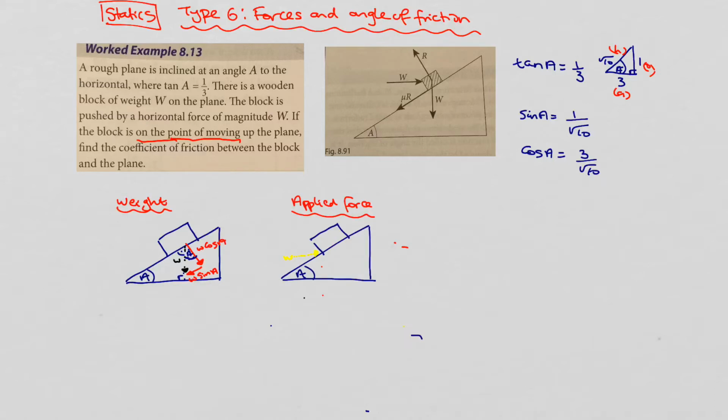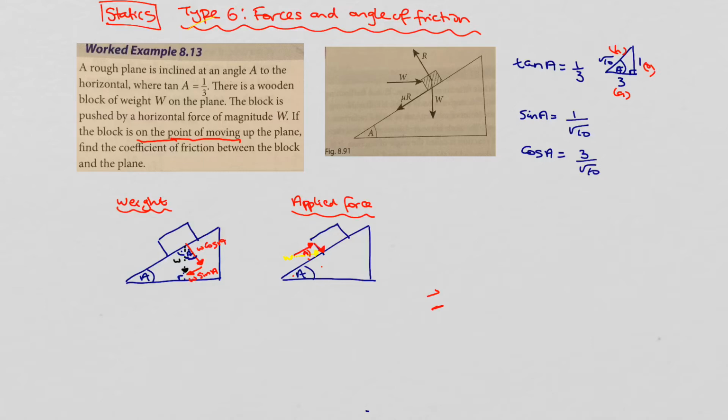The next one we have to do is the applied force. Again we want to resolve it so that it's parallel and perpendicular to the plane. Again we have two parallel lines and a transversal, so these two angles are alternate and these two angles are alternate.